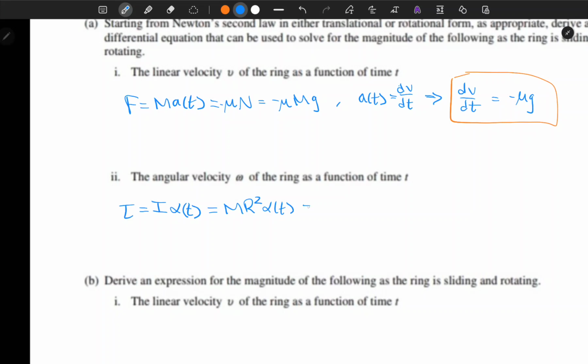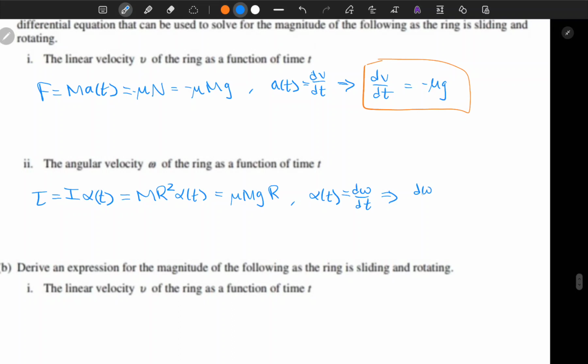And this should be equal to the rotational analog of the friction force, which here is just mu m g, the friction force, times the radius from the center of the ring, which is r. So, as alpha(t) is equal to d omega/dt, we find that d omega/dt is equal to mu g over r.